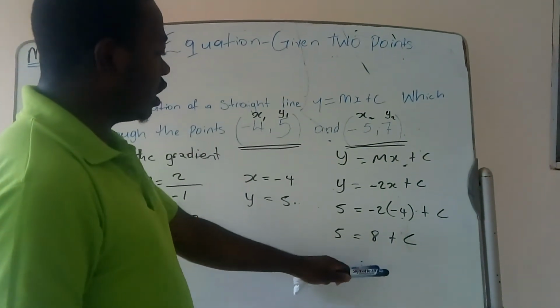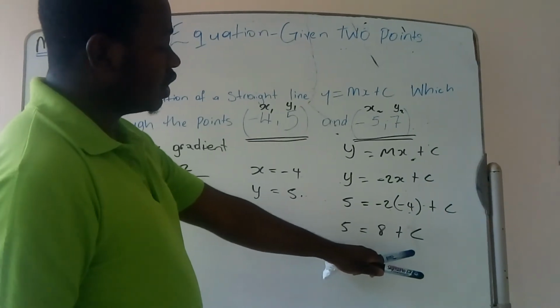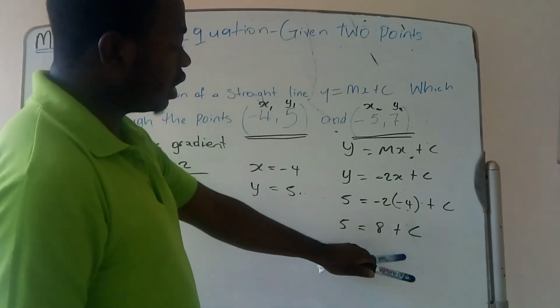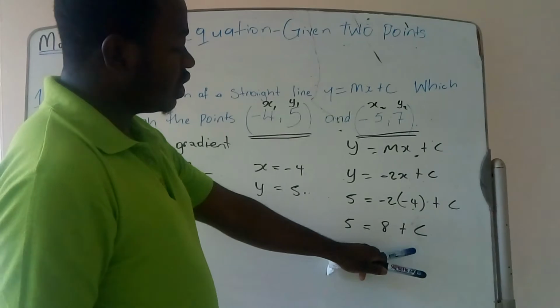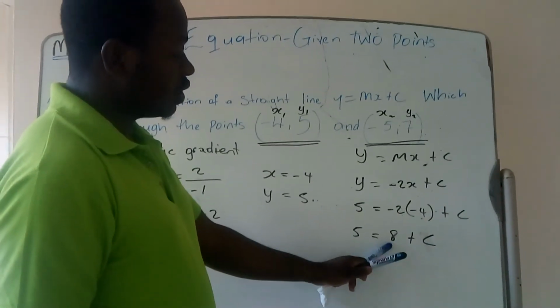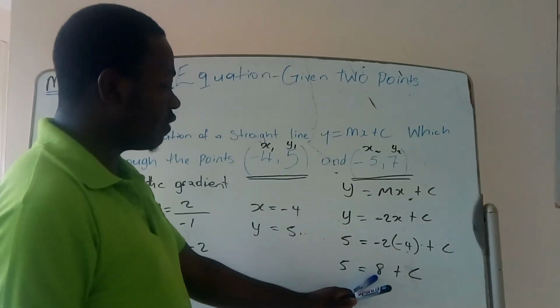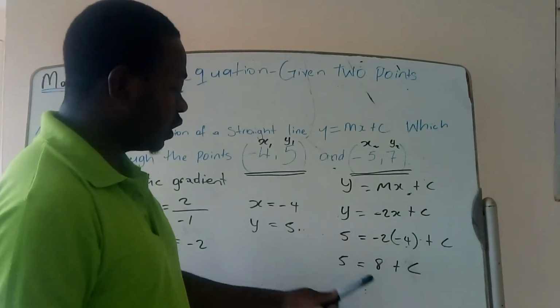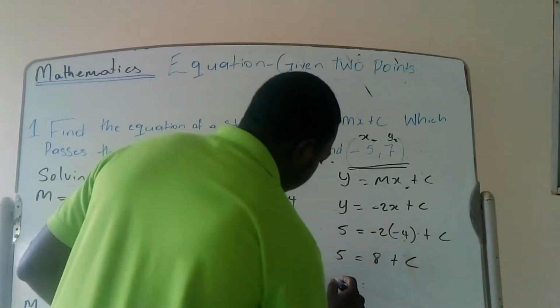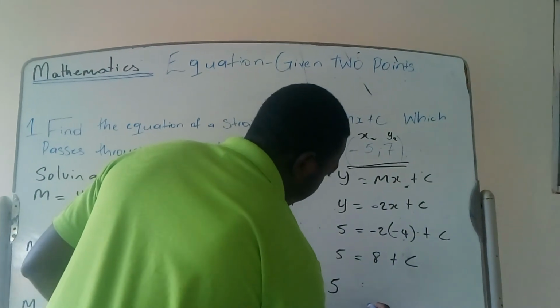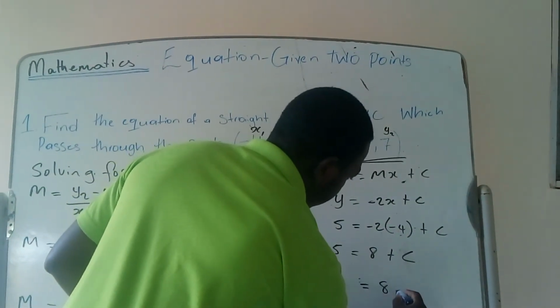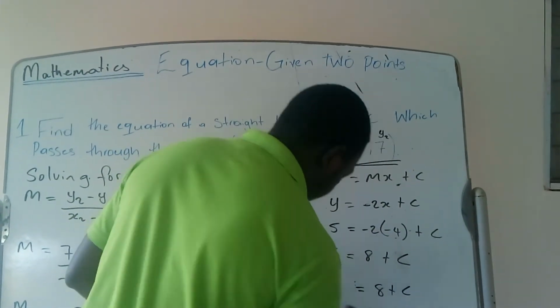Here, remember that we are solving for c, so we need c by itself. So in order to get c by itself, we need to get rid of this 8. Note that this 8 is a positive 8. So in order to get rid of the 8, we have to subtract 8. So I'm going to write back what I have first, which is 5 equal 8 plus c.